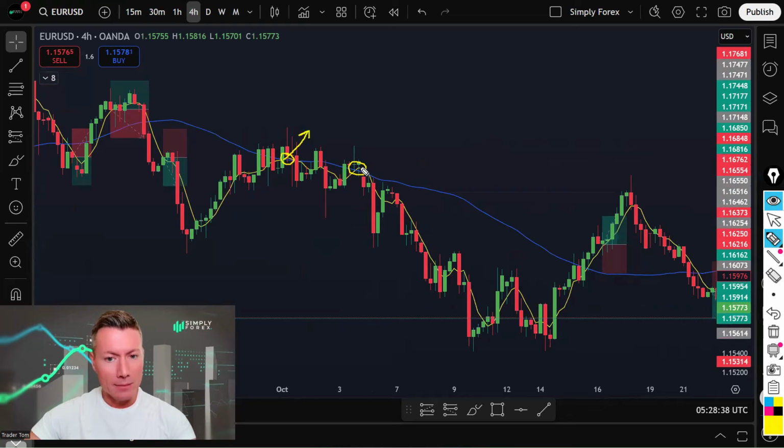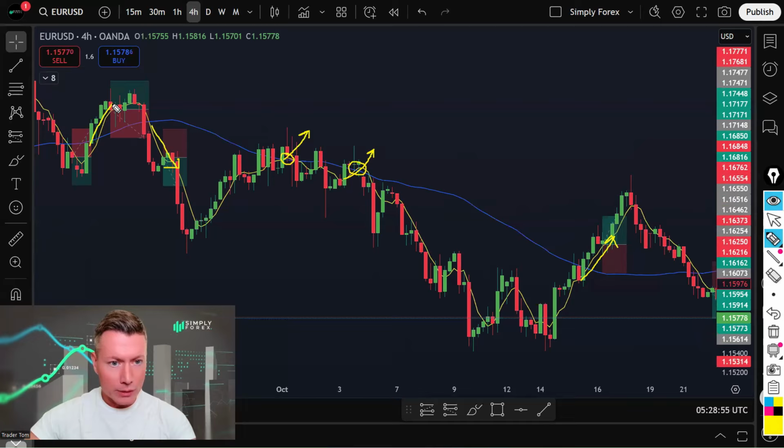We need to see some clear daylight between the two moving averages and a push away from the 50 SMA, right? Like we get here, you can see a clear push away. Like we get here, you can see a clear push away. Like you see here, we have a clear push away. So this scenario you want to stay away from.